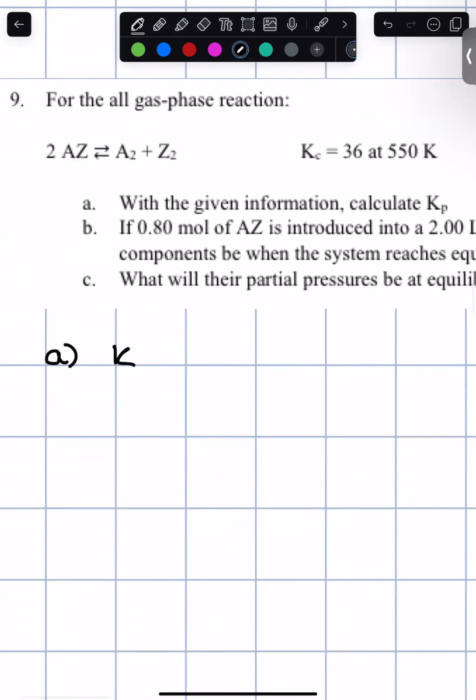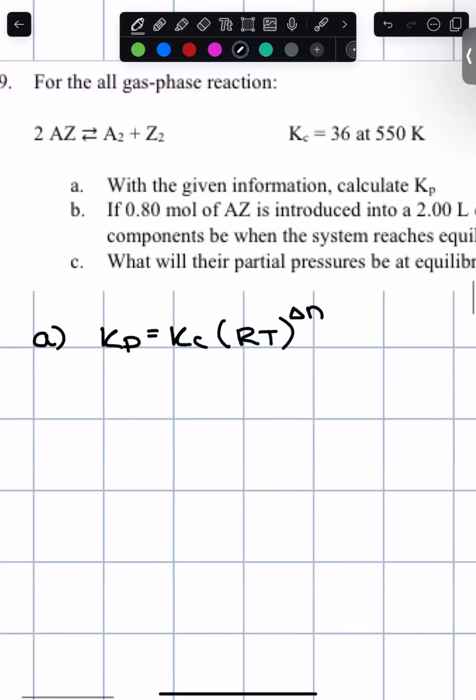So the formula is Kp is equal to Kc times RT to the delta N. We are given Kc is equal to 36. R is a constant. Sorry, I don't have my constants memorized. I believe it's 8.314.